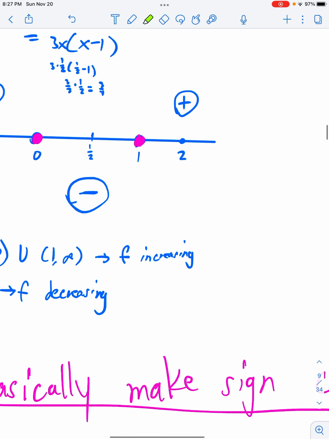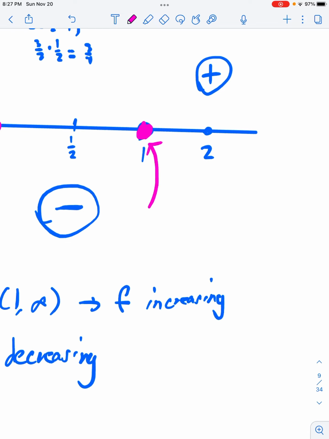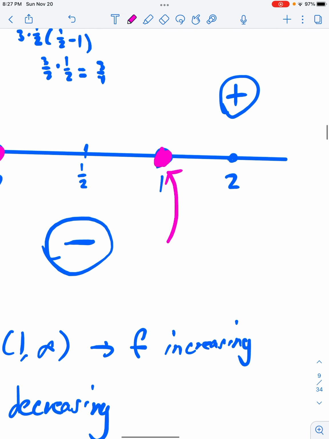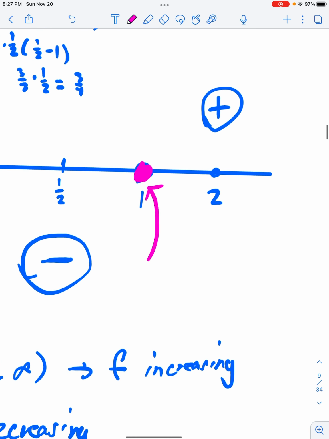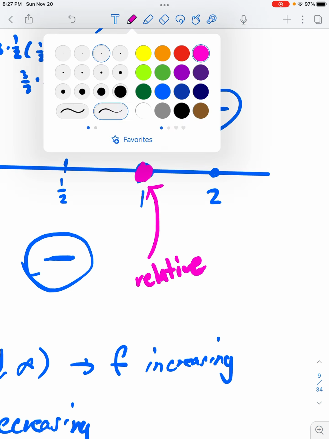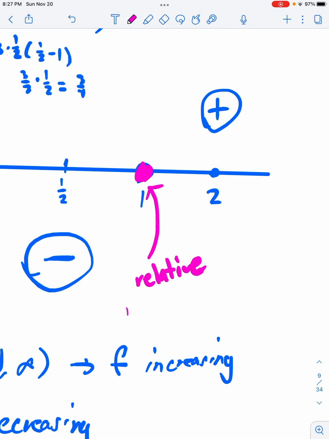So right here, we know this is a critical point because f prime equals 0 at that point. Now we know that it's a relative minimum of f, right?